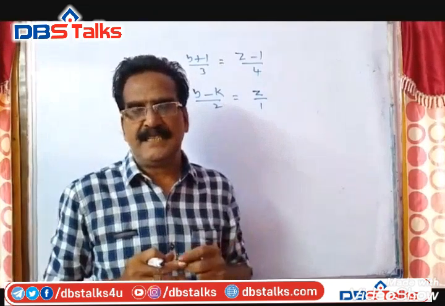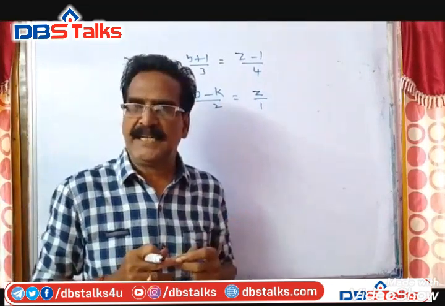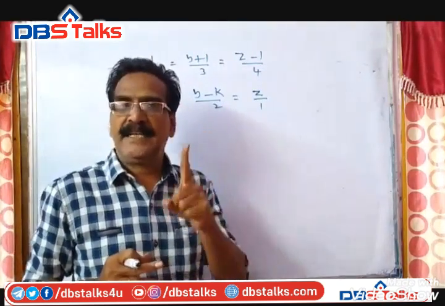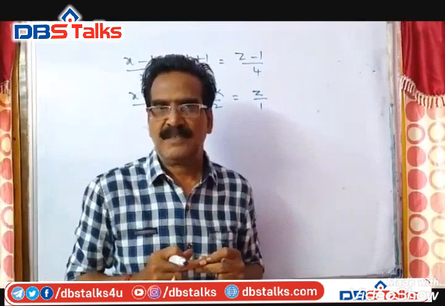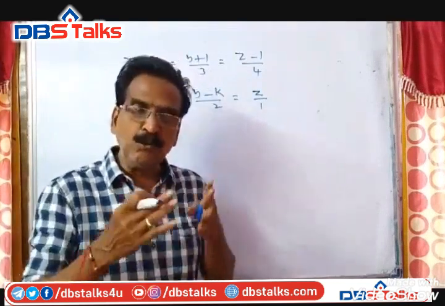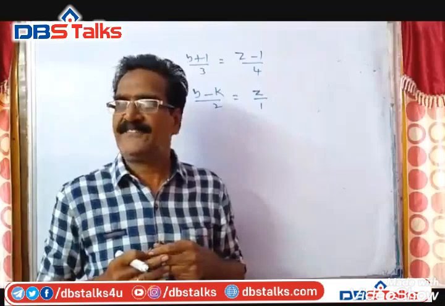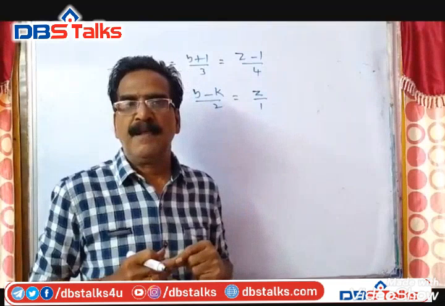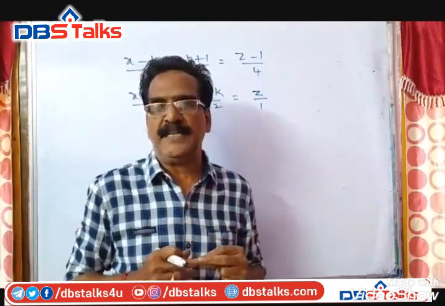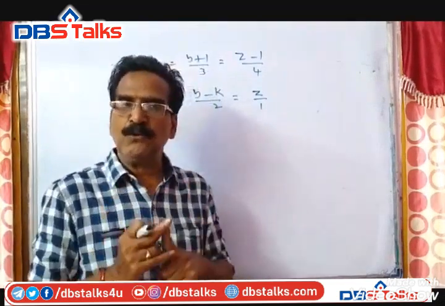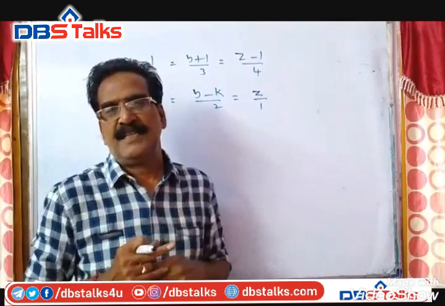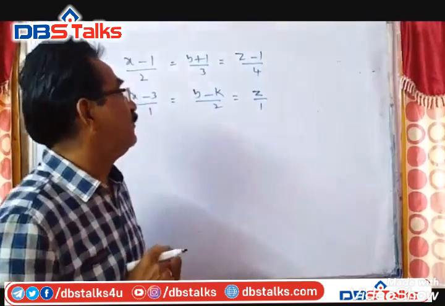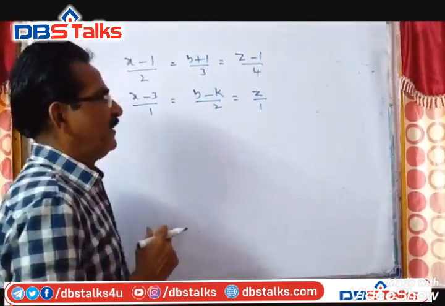If these two lines intersect, they are coplanar and there exists a common point through which these two lines pass. Right friends? And by doing that we can find the value of k. Okay friends, let us see.